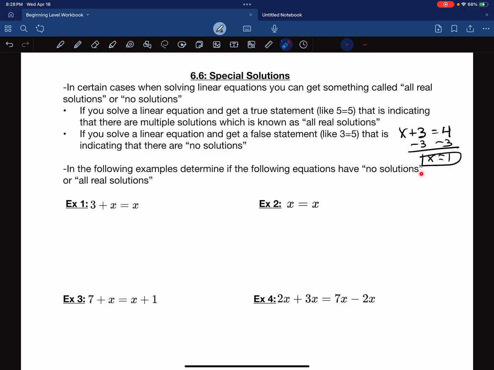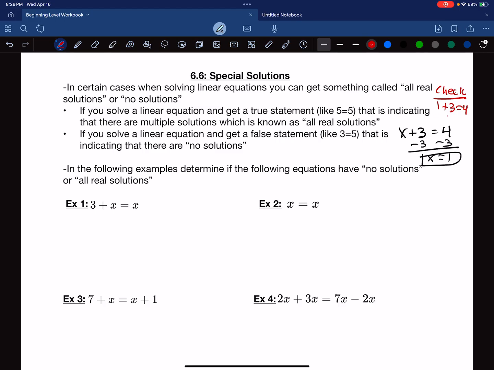I introduced this idea in the beginning of this unit: once we solve for x and we plug that value back in for x and we get a true statement, that means this is a solution. So if we plug in 1 for x, I'm going to write check up here, we get 1 plus 3 equals 4.